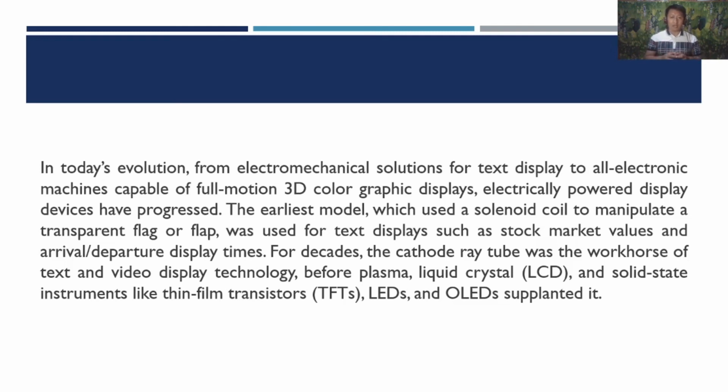So they converted the solenoid coil into the text display, and what they use to display images on the screen is 3D color. They use LCD, TFT, LEDs, and OLEDs. LCD is liquid crystal display, and TFT is thin film insulator, and what is OLED?